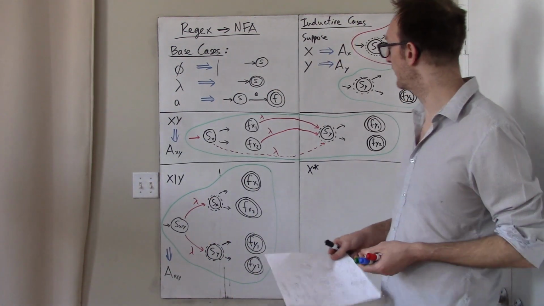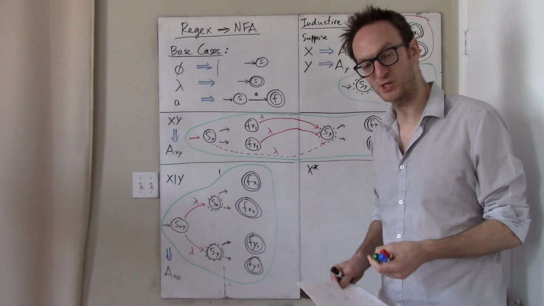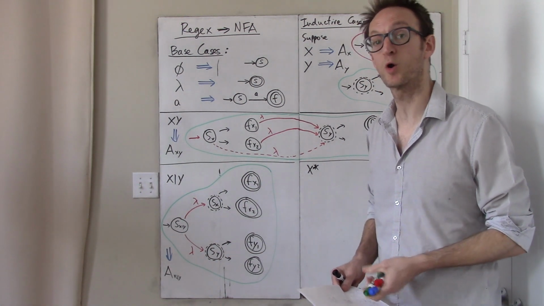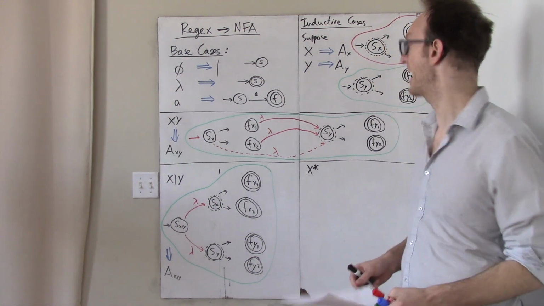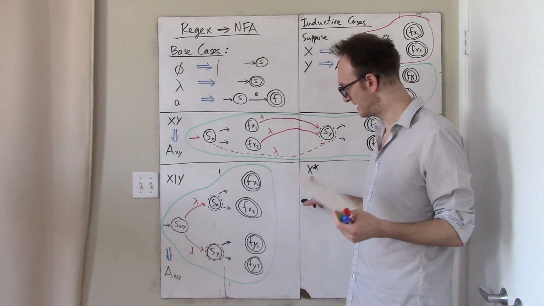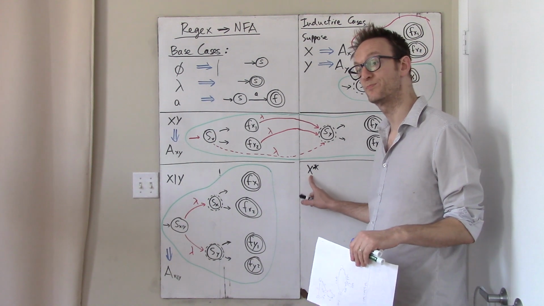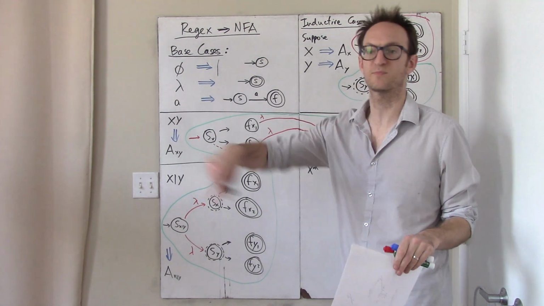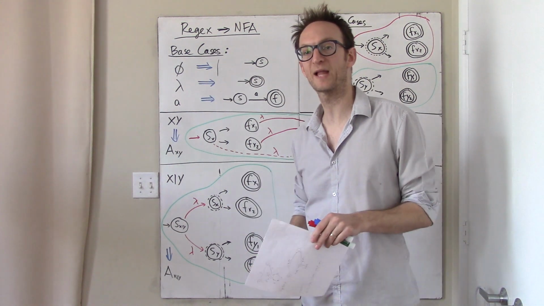Well, okay, what is x star? X star is a regular expression which matches 0 or more instances of something matched by x. And so the idea is that to be accepted by the x star machine, we should be composed of some sort of looped number of x machines.